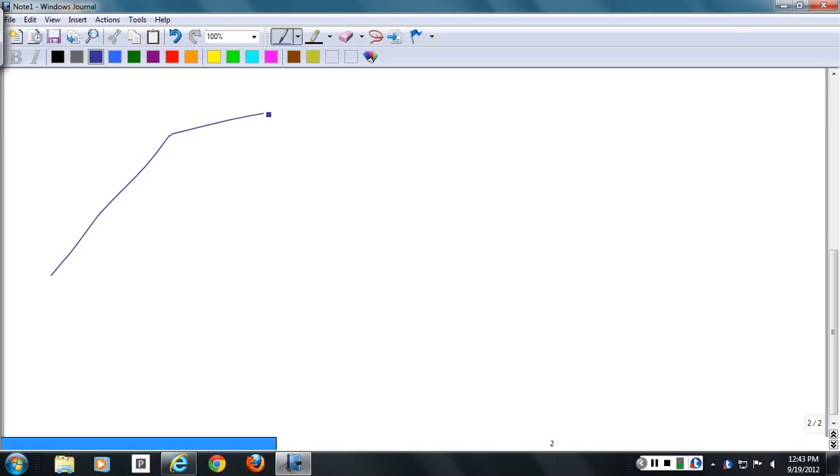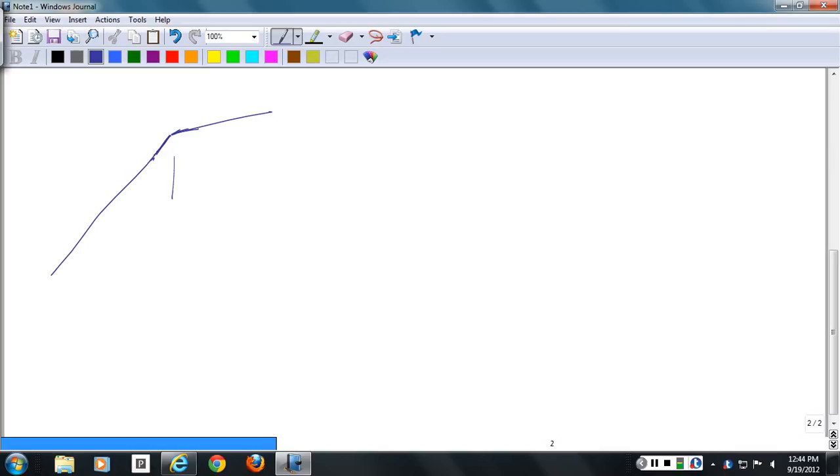Maybe it's not all that sharp, but it goes from being a certain value to being another value, and it misses the values in between right there at that point. So it's not a continuous transition of the slope from one value to the next. And as far as the graph is concerned, the graph is not smooth. If it's got an edge to it like that, then it's not going to be differentiable.